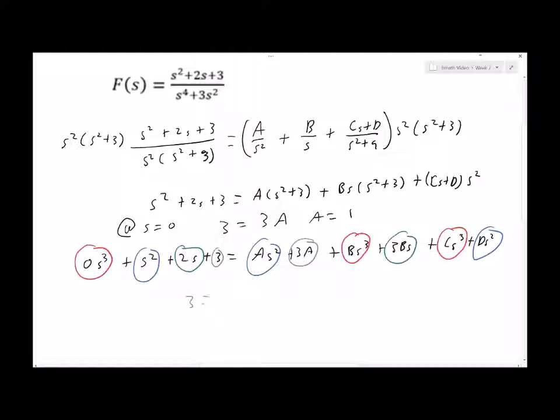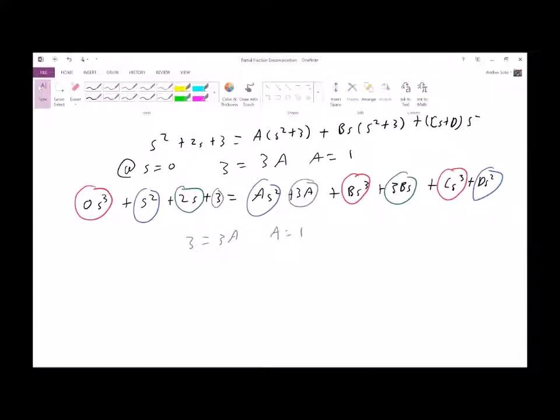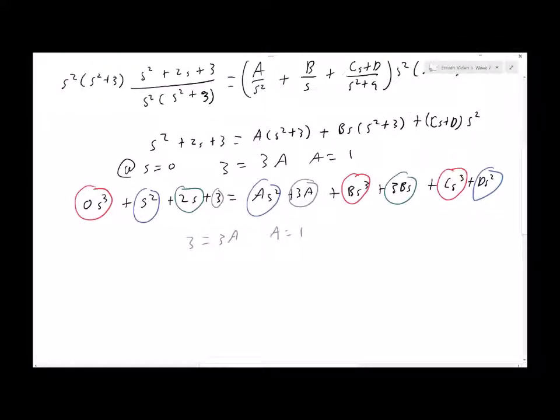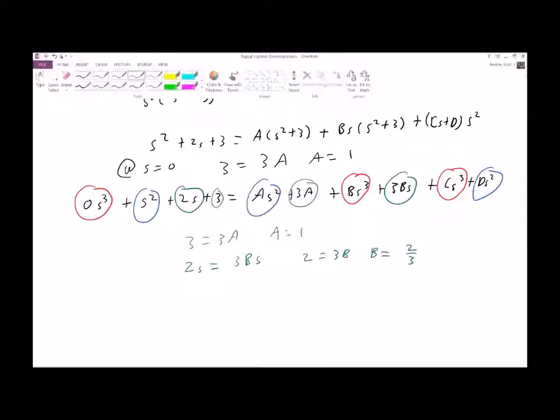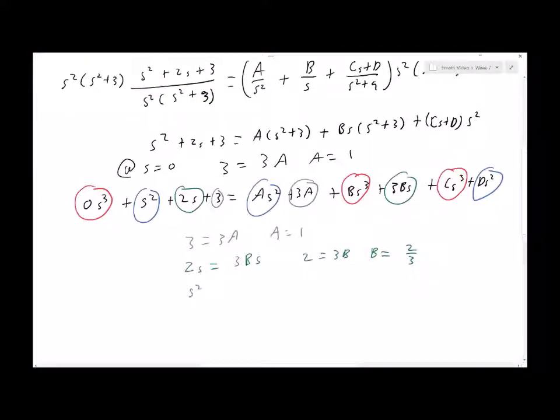So here we have 3 equals 3A, or just like we got before, A equals 1. Maybe we should just ditch the other method and just use this one. And we have 2s equals 3Bs. Okay. So now when we divide by s, we're left with 2 equals 3B, or B equals 2/3. Alright. Now we get s squared equals As squared plus Ds squared, or 1 equals A plus D. We know what A is, so therefore D must be 0.